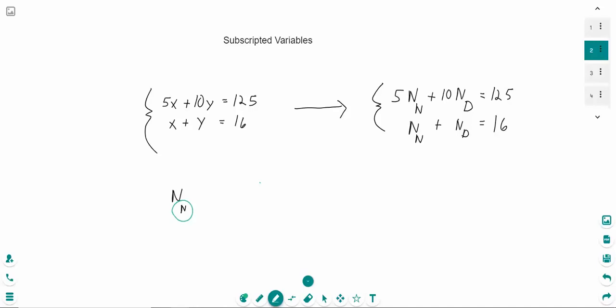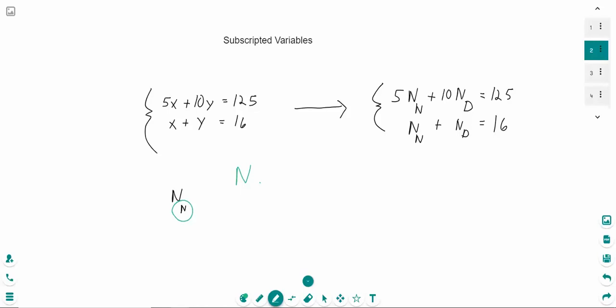The reason they're introducing this right now is because later they're going to give you story problems that deal with coins. Okay? So they'll deal with nickels and dimes and quarters, and they're always going to be talking about the number of quarters and the number of dimes and the number of nickels. And so they want you to get used to this way of writing it, because they want to be able to use n to represent number, but we can't say that n is going to represent number of dimes and number of nickels and number of quarters.